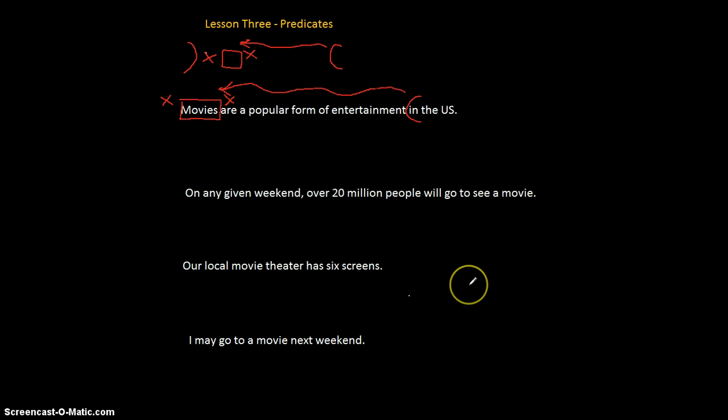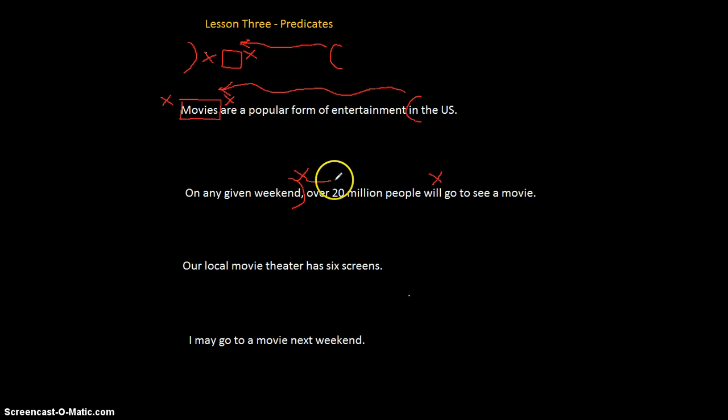Looks pretty easy? Let's try another one. On any given weekend, over 20 million people will go to see a movie. Are there any shifters? Yes, on any given weekend. There's no shifter at the end. My X word, will. I bring it here to the beginning. On any given weekend, will over 20 million people go to see a movie?